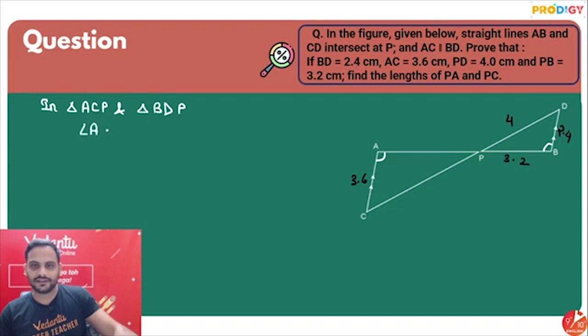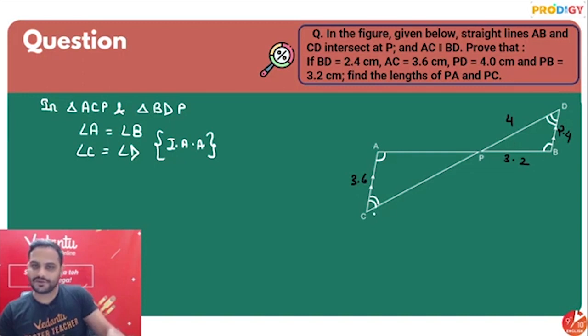So angle A is equal to angle B. Similarly, I can say this angle C will be equal to angle D. Again, interior alternate angle. This time AC and BD are the parallel lines, but the transversal is CD. Earlier the transversal was AB. So two angles are equal. Although this will also be equal because of vertically opposite angles, I don't require it.